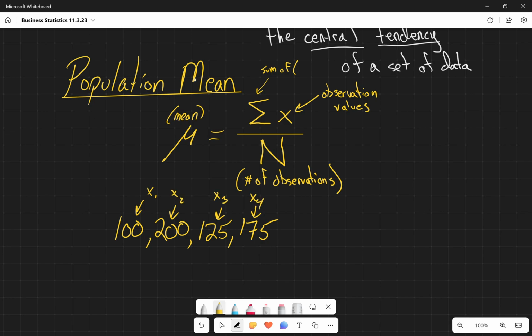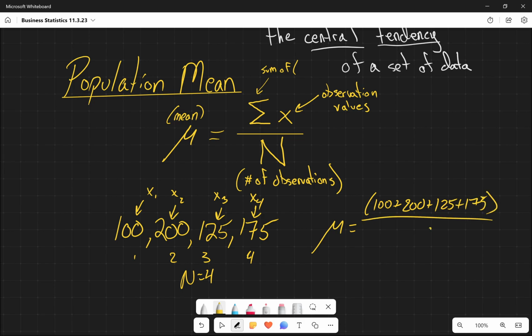Our n, right? We have 1, 2, 3, 4. Our n is equal to 4. So the way that we would take this data set and calculate the mu is we would have the sum of all of them on top. So we would do 100 plus 200 plus 125 plus 175, and then we would divide it by 4, giving us 150.